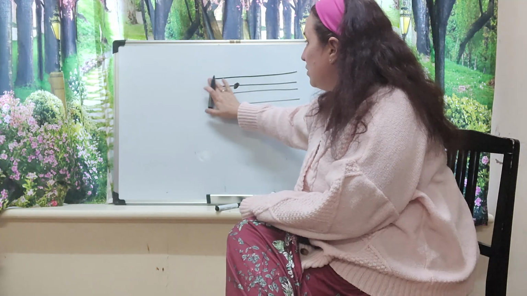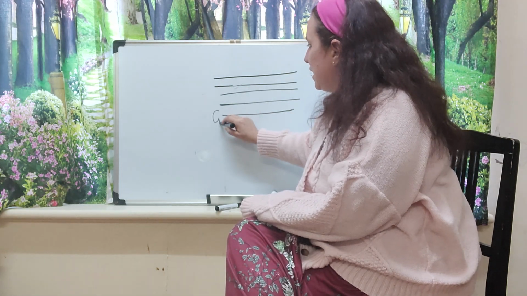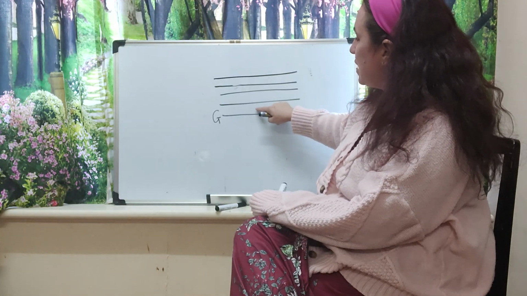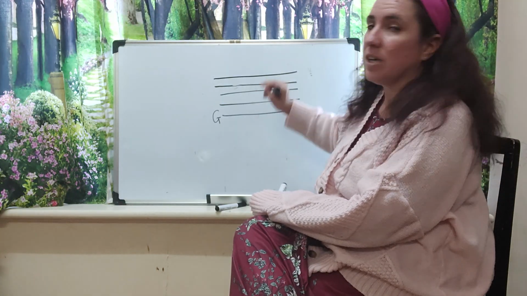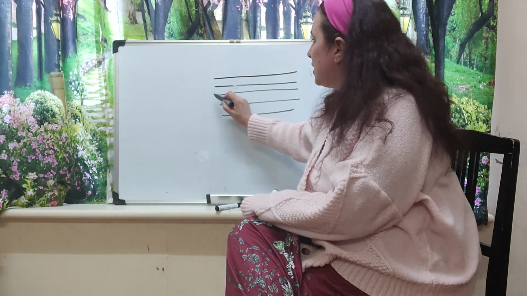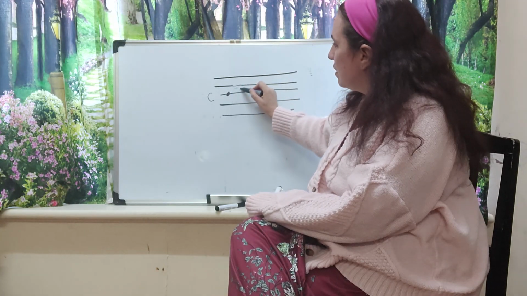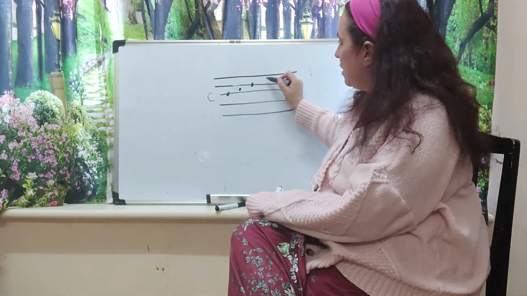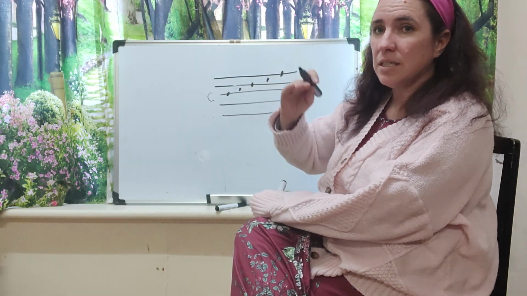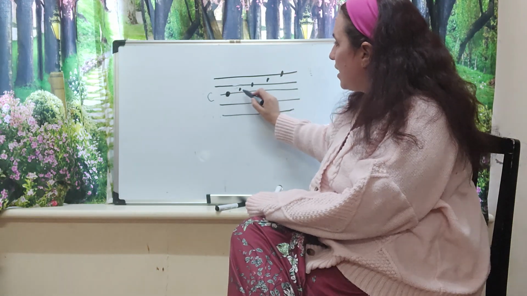So if I did a different clef, so if I did a G, I might put a G here, then that would say that this line is G. And then I count up from G, so G, A, B, C, D, E, F, and so forth. And then C the same, so I could put C on the middle line, and so I'd go C, D, E, F, G. So just going up the scale, C, D, E, F, G, just as we go up those lines and spaces.